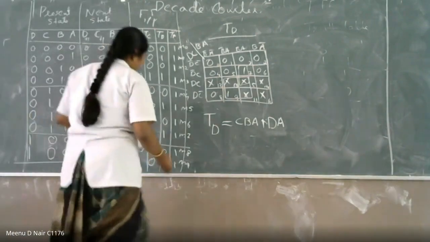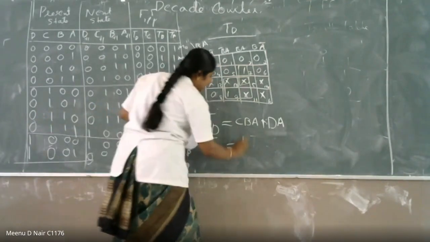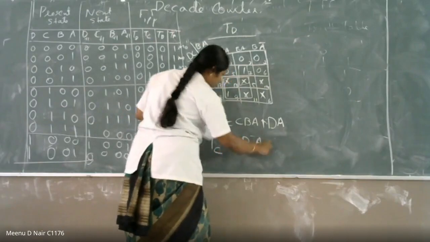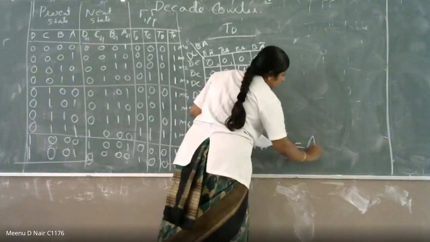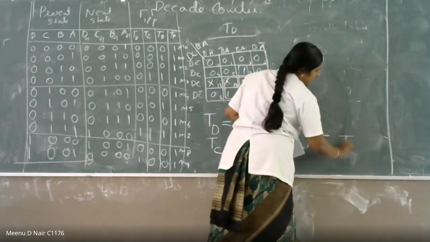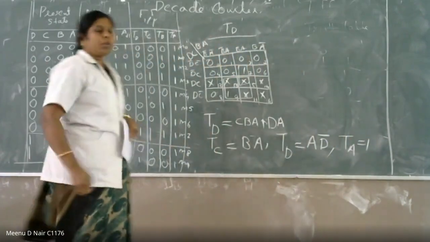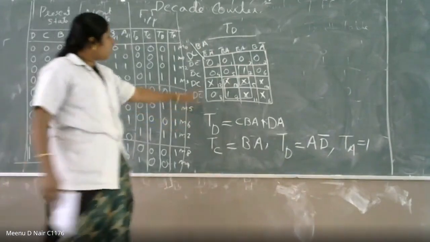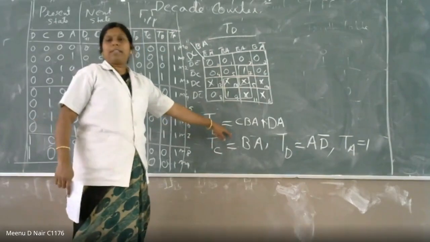No objections, okay. So next similarly, TC you have to find out. So the answer is B A. Okay. And TB, your answer is A B bar. Okay. And TA is equal to 1. This is your answer. Okay. So you have to verify all those things using K-map, and if you are not getting these answers, please let us know.